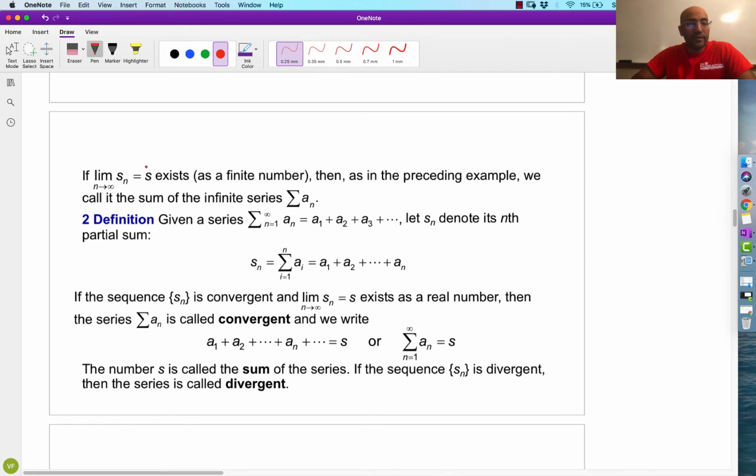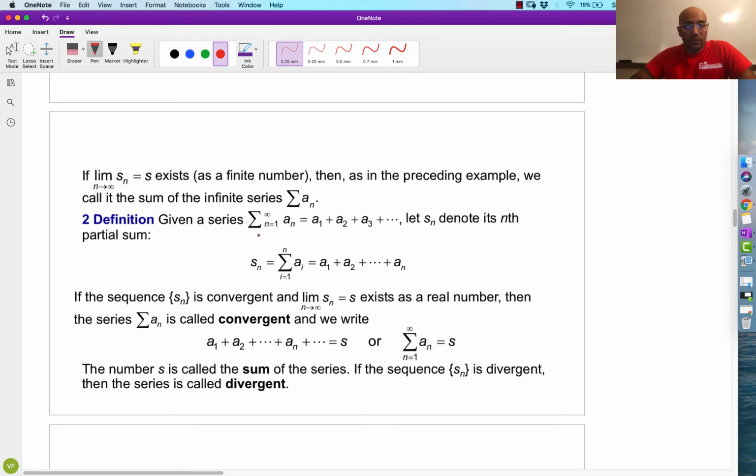So if the limit as n goes to infinity of S sub n equals s exists and is a finite number, then as in the preceding example, we call it the sum of the infinite series. So this is then equal to the value s.